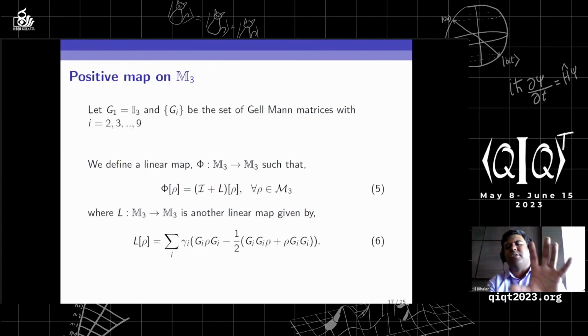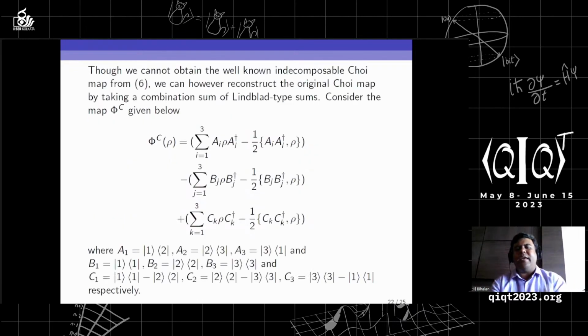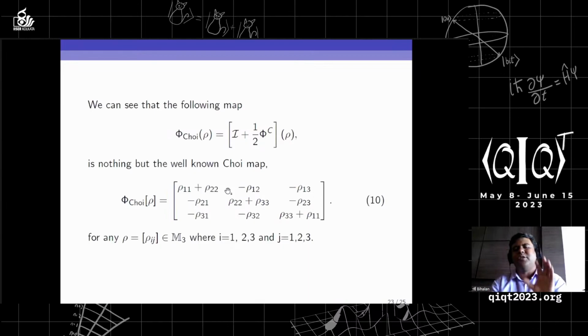So this is a decomposable Choi map, some variant of the Choi map, but one which is decomposable. But we can play with the Lindblad operators. Those are in our hand. These are some operators you can see, rank 1 projections. With this prescription, we have been able to reproduce the non-decomposable Choi map.